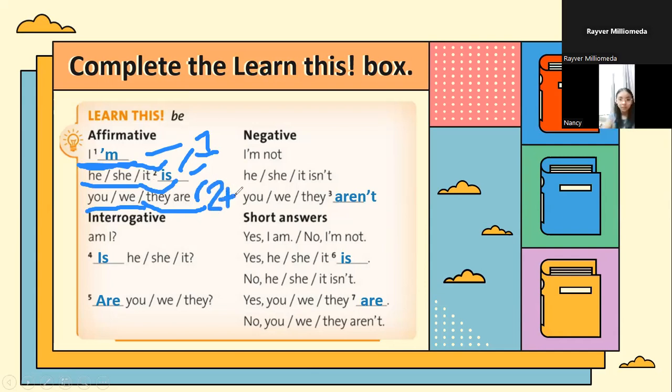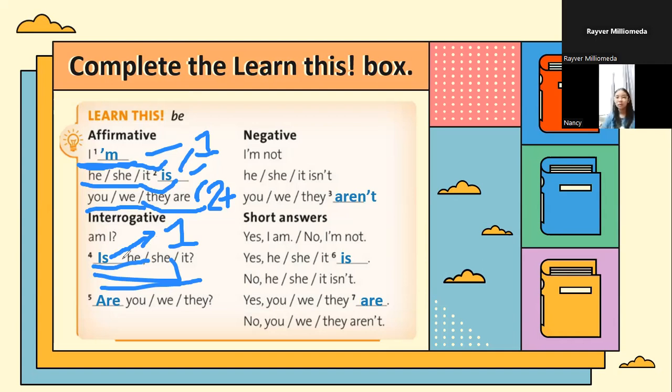So in interrogative, you are asking a question like, is he, is she, is it, like that. So remember, when we say is, it is only one. When we say is, it is talking about one person. Like, is she a student?